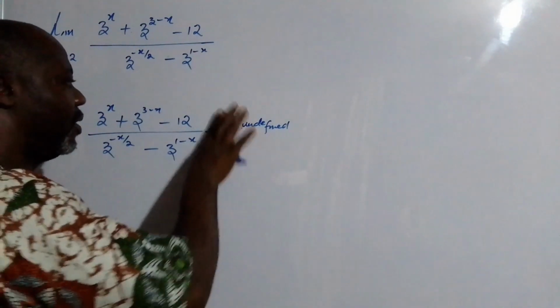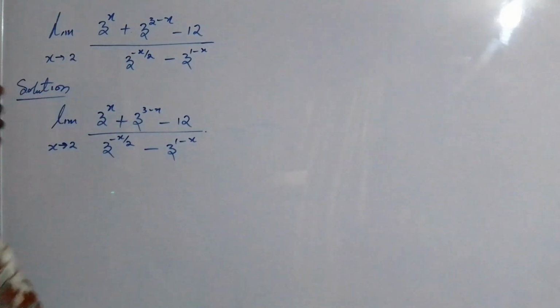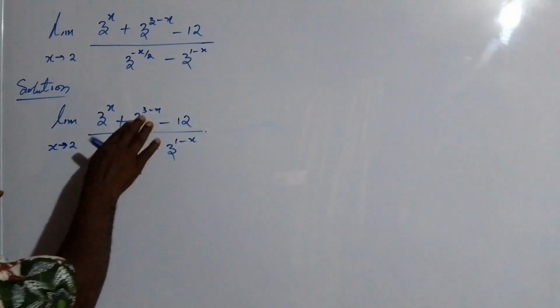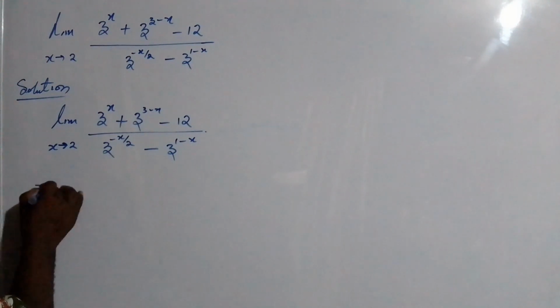What we need to do now is to attempt to break this down by finding ways to factorize. So what we're going to do is to first rewrite the expression in this form.